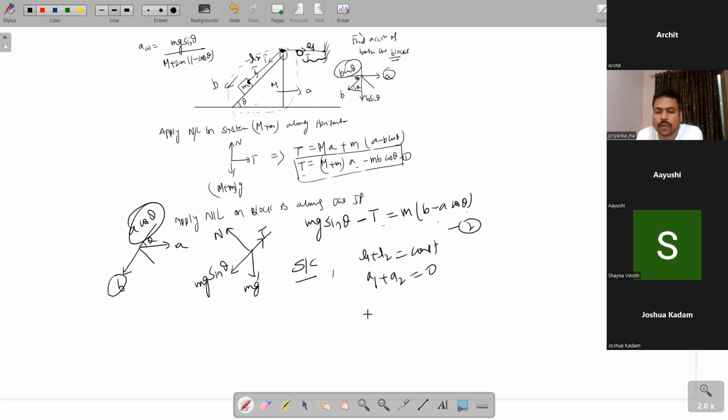So this should be minus A, that is acceleration of the wedge, plus A2. A2 means, see, if this pulley goes right, this will come down. So of course, the length of this string will increase. So the rate of change of L2 will be positive. And what is that? B only.